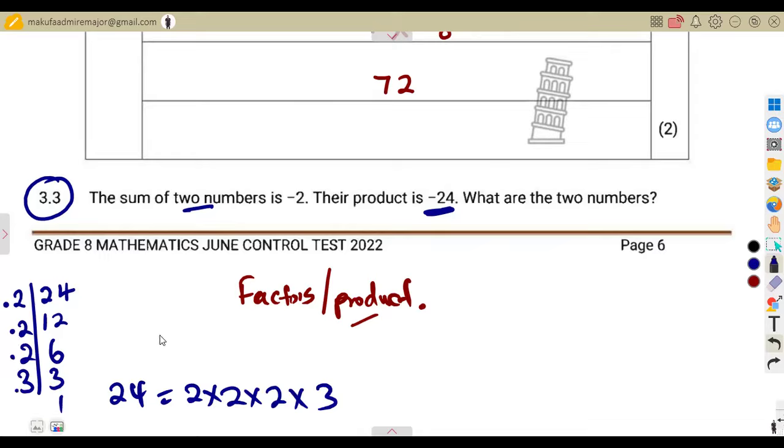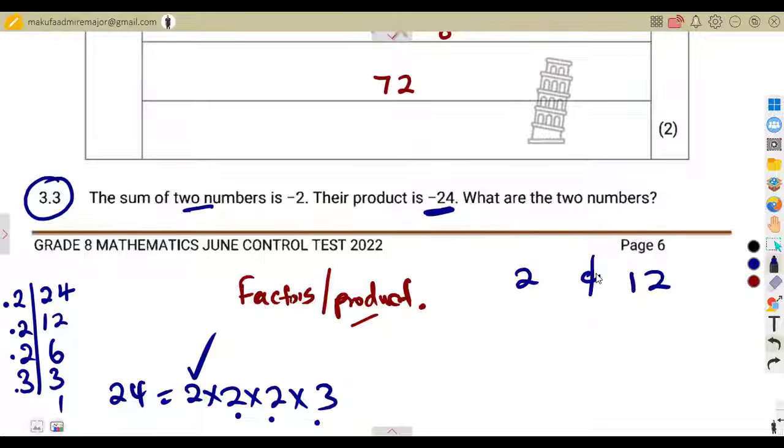But since they said two numbers, if I take these two, it means I'm going to have 2 and the rest of these numbers. 2 times 2 is 4, times 3 is 12. So I have 2 and 12. But take note, they said the product is -24.